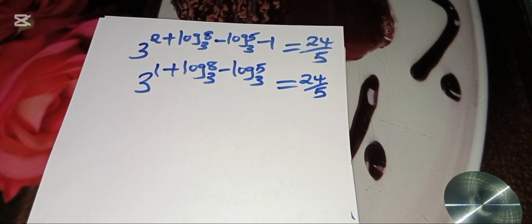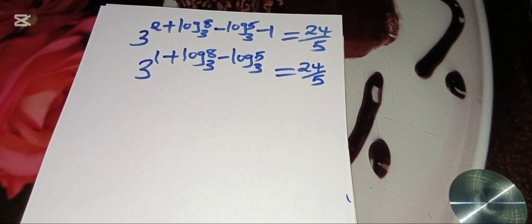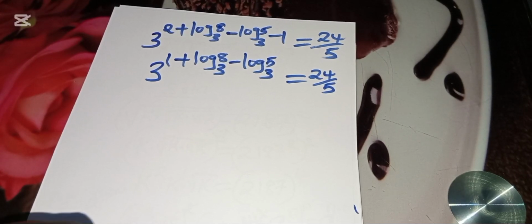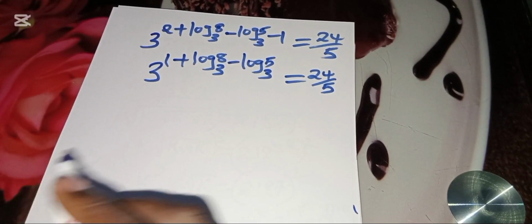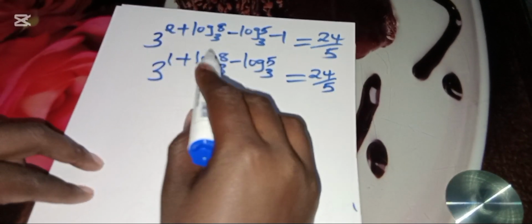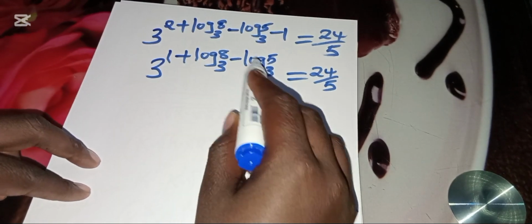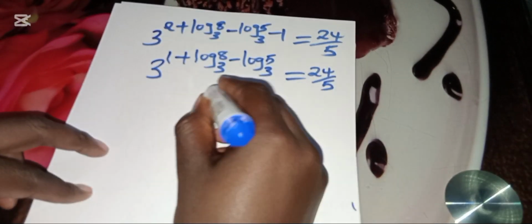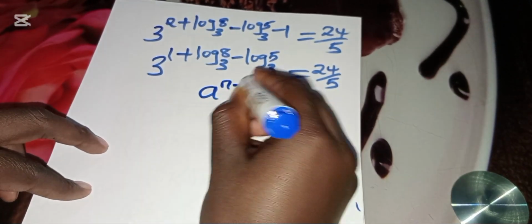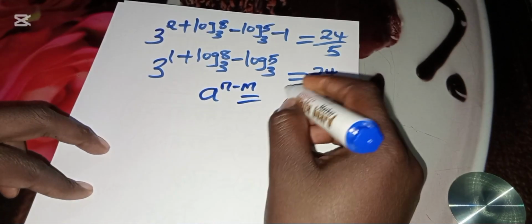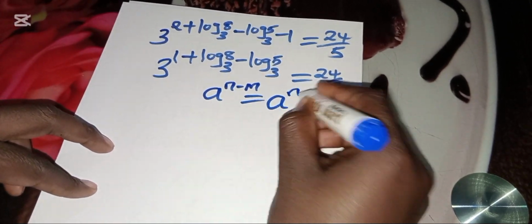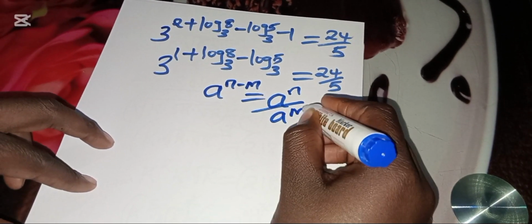All right. Now from here, we have that 3 raised to power 1 plus log 8 to base 3, subtract log 5 to base 3 is in the form of a raised to power n, subtract m, which you can express as a raised to power n divided by a raised to power m.